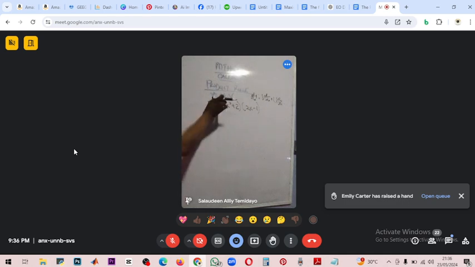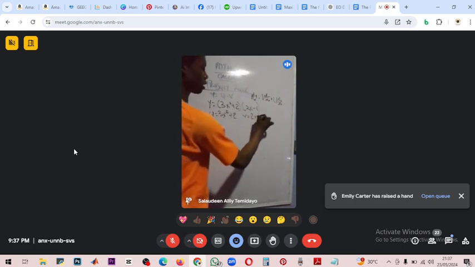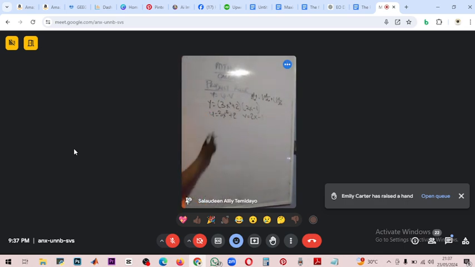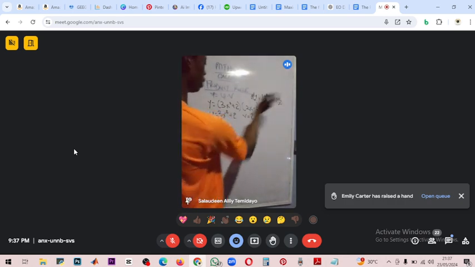We said y is going to be equal to u times v. So what is my u? My u is 3x squared plus 2, and my v is 2x minus 1. I have to find dv/dx and du/dx because they are involved in the formula.